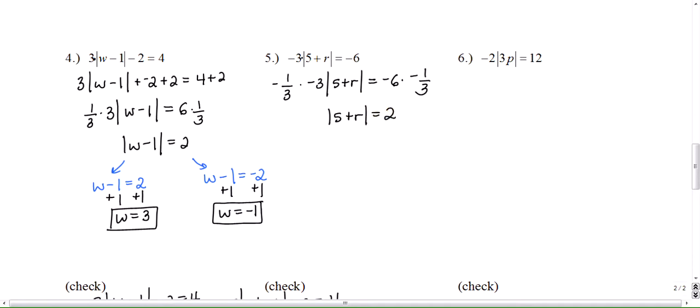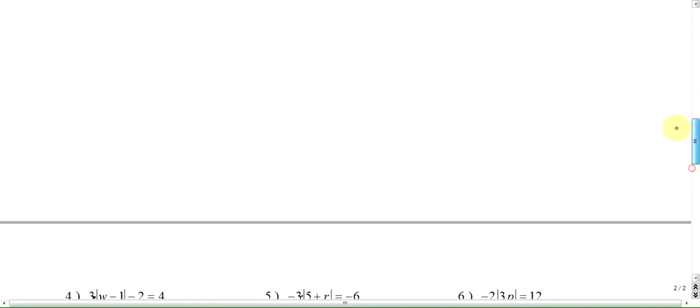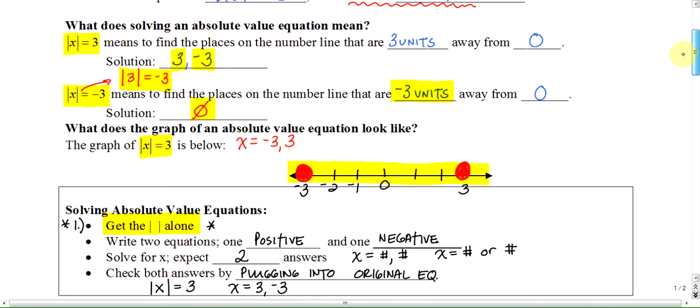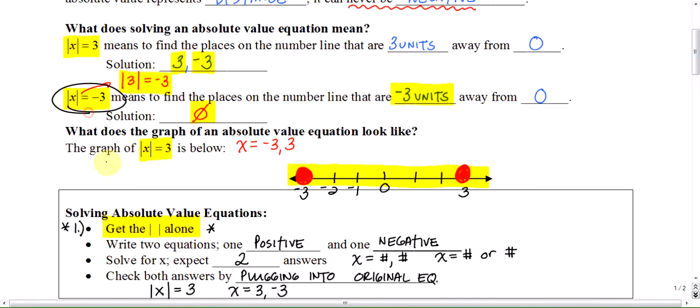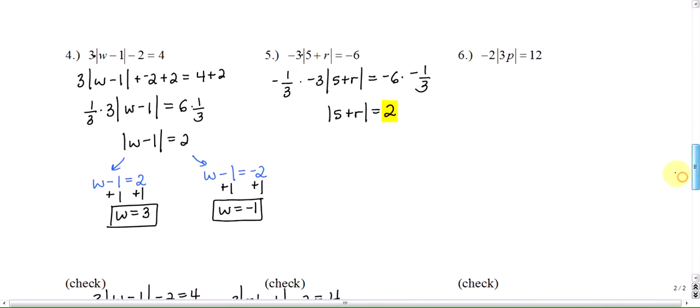I want to make sure that this is positive before I split. Because like in this problem, way up at the top, right here, the other side was negative, and we found out it was no solution. So initially this looks scary that this was negative, but it goes away, and now I split, and I will get two solutions, and they will check out.